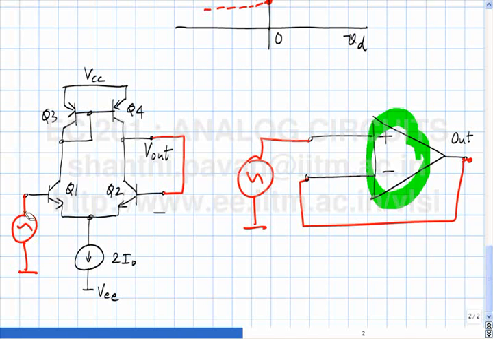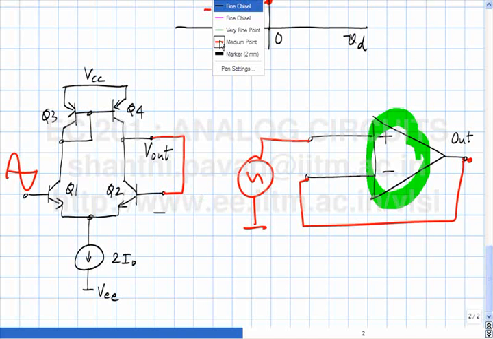So as the input signal changes here, what do you think happens at this node? Pardon?